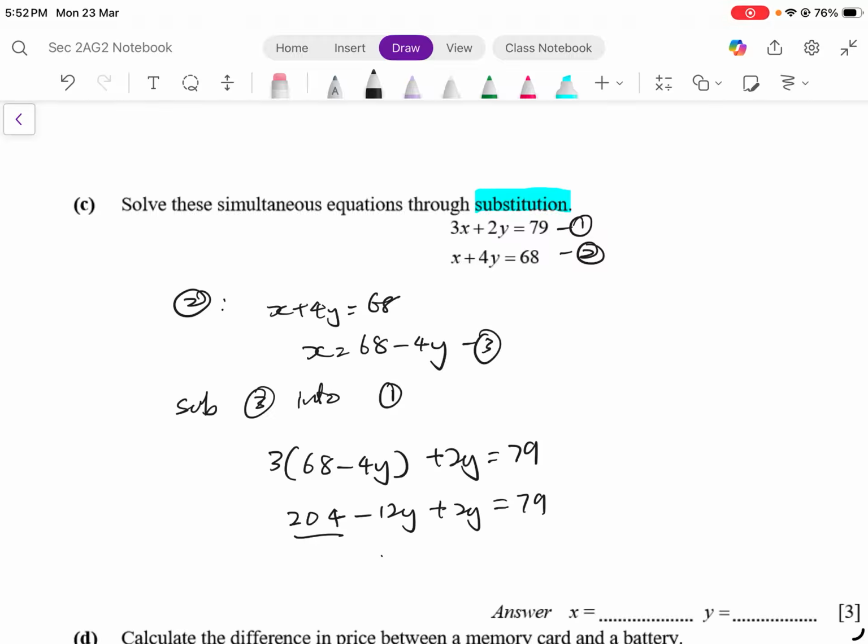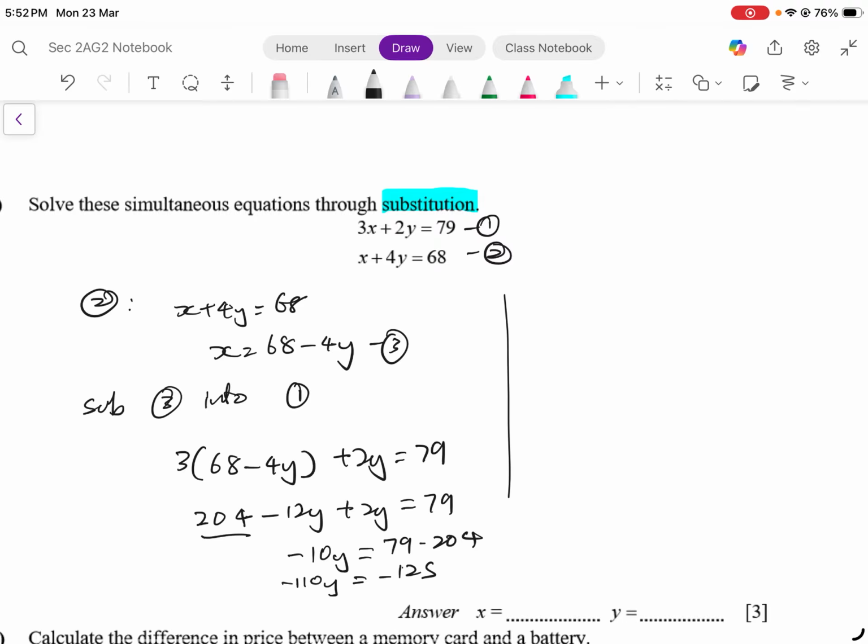I get minus 10y equals 79 minus 204. So minus 10y should give me minus 125.